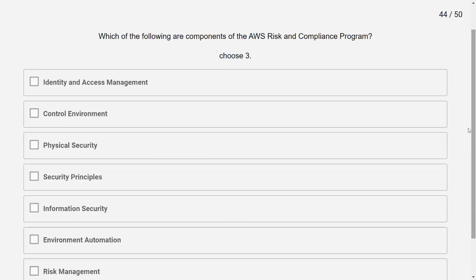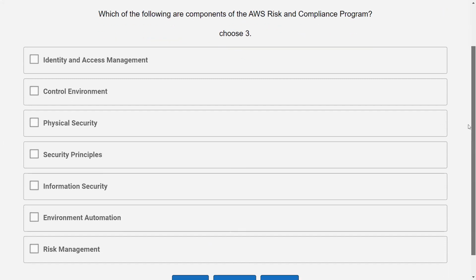Which of the following are components of the AWS risk and compliance program? Choose three. IAM, control environment, physical security, security principles, information security, environment automation, and risk management. Choose IAM, everything to do with security.